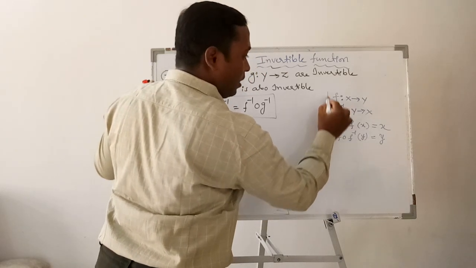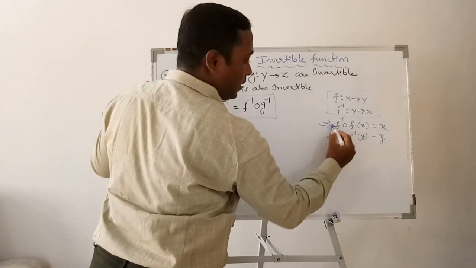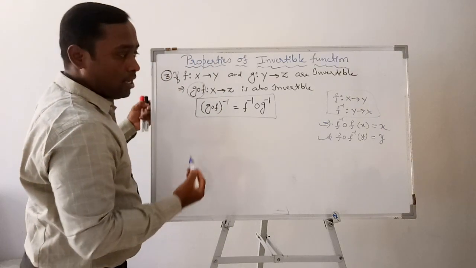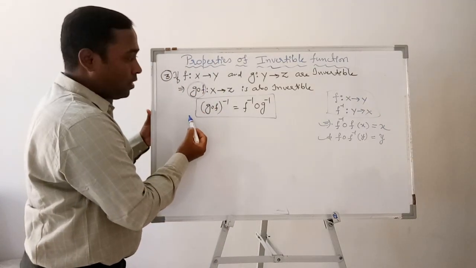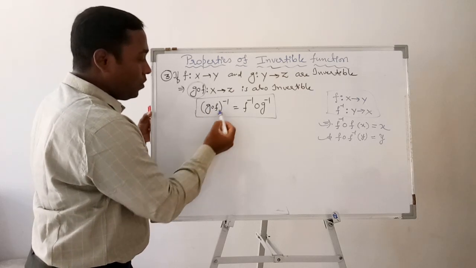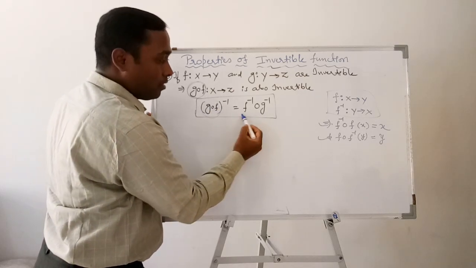So if f is an invertible function, it must satisfy these two conditions. So here, if g circle f is an invertible function, its inverse is given this way.